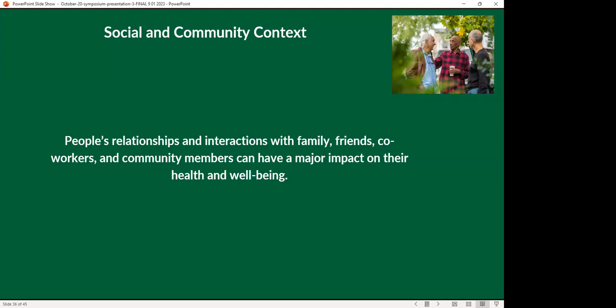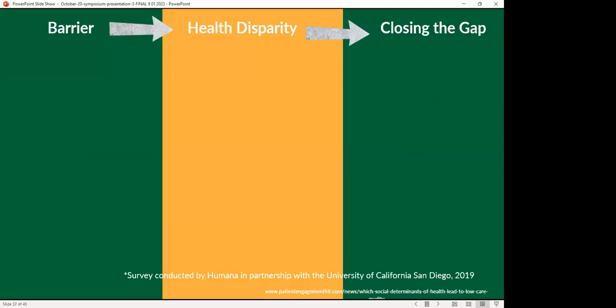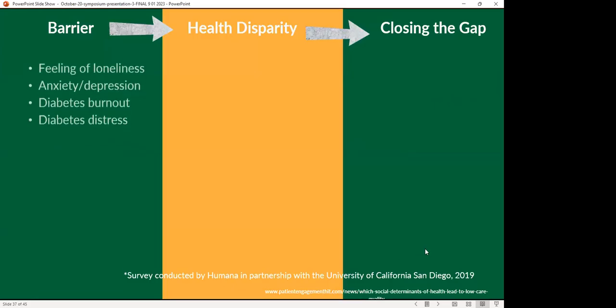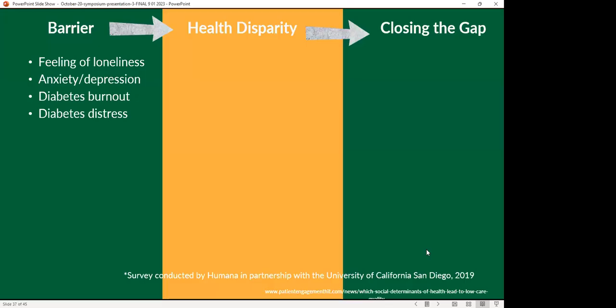And what does that mean? That means the value of social integration, the value of community, the value of support. And feelings of loneliness, anxiety, depression, diabetes burnout, diabetes distress.